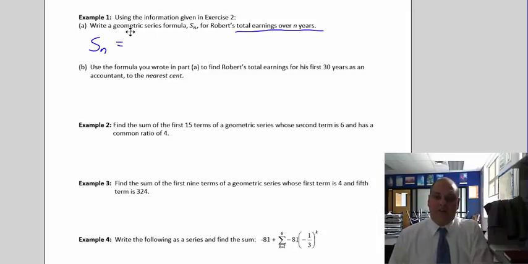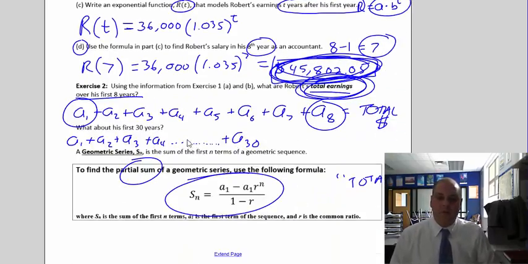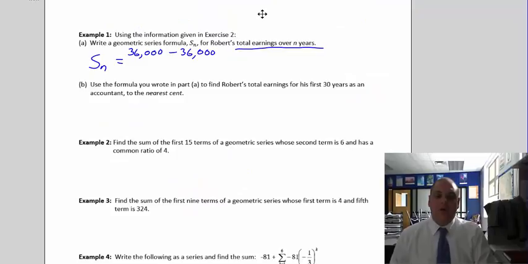Now A1 is 36,000 because that's how much you made the first year, minus 36,000. All right, and then let's go back and look at that formula again. R to the n, right? And then 1 minus r. All right, so it's going to be 36,000 r. R was 1.035 to the n. I'm messing this up here.